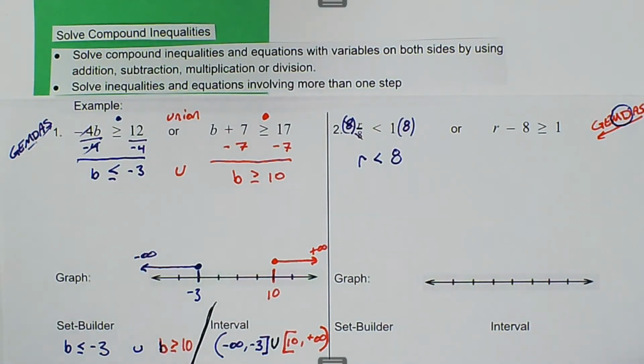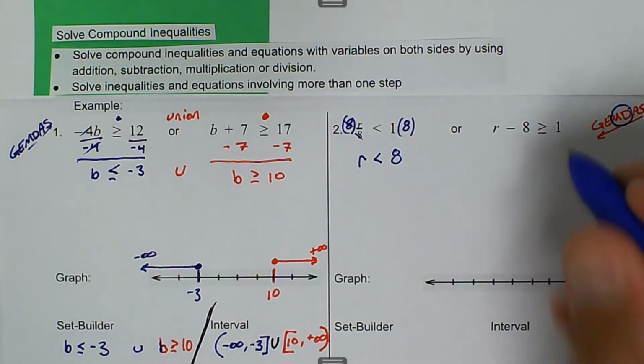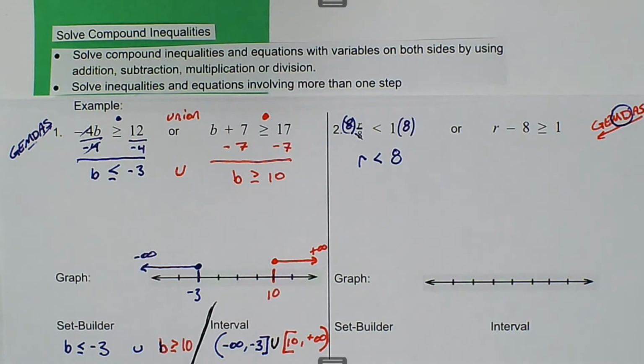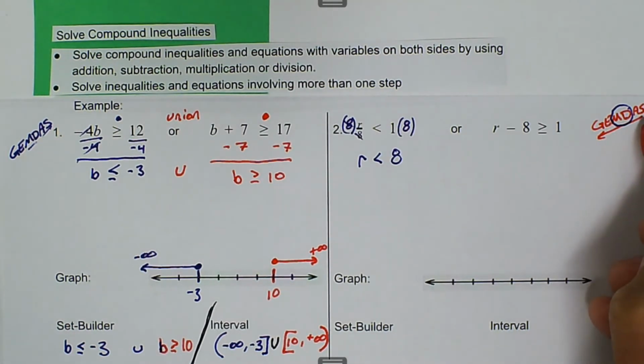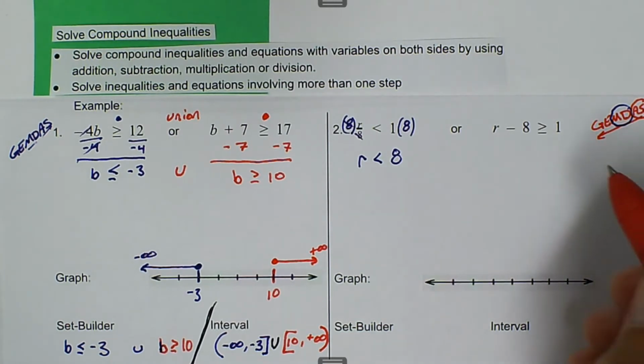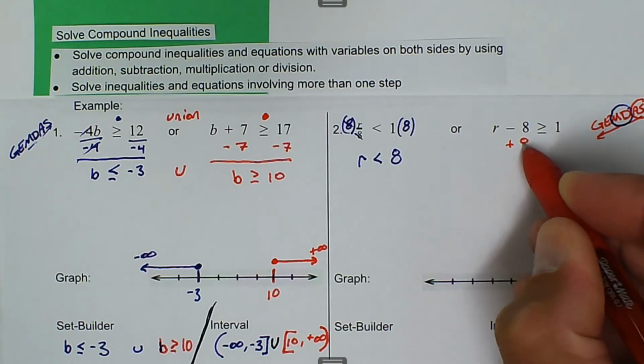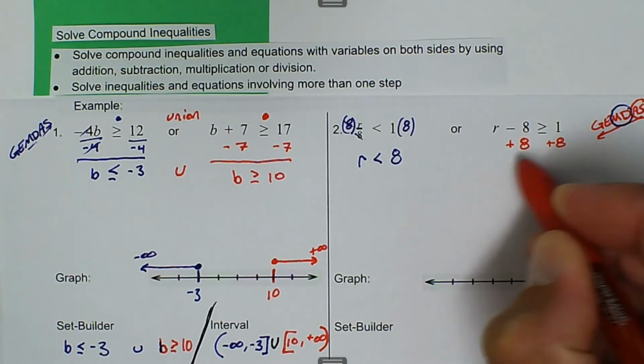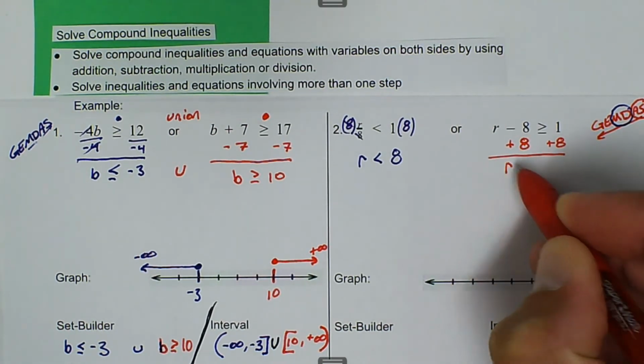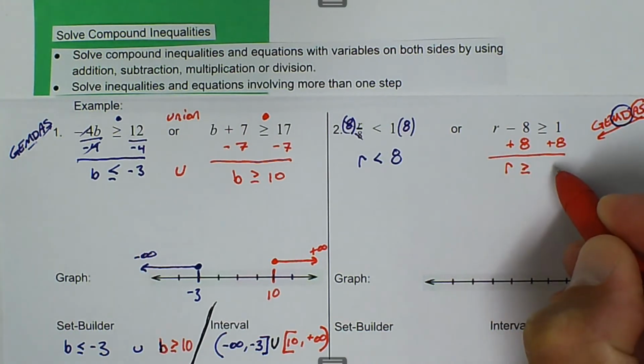And then the next one we can look at, we want to again go back to GEMDAS, and we do have addition and subtraction, so we want to make sure we use that. So the inverse of subtraction is addition, so we'll add 8 to both sides. And then we get r is greater than or equal to 9.